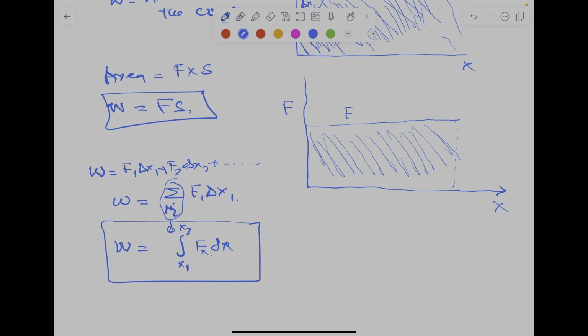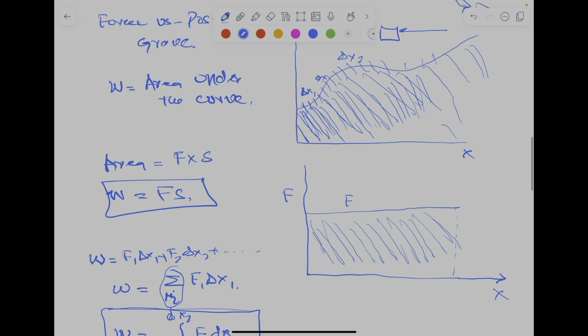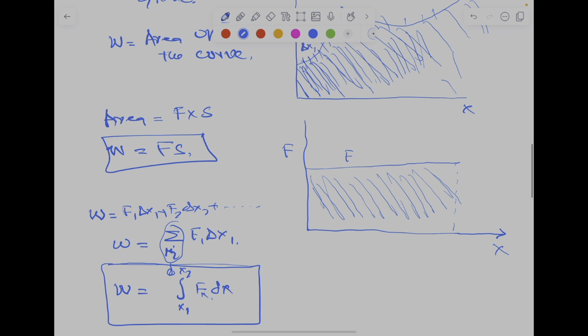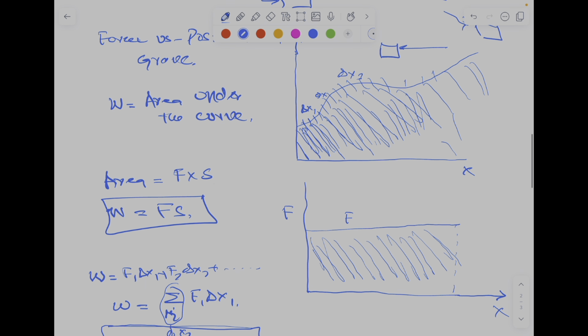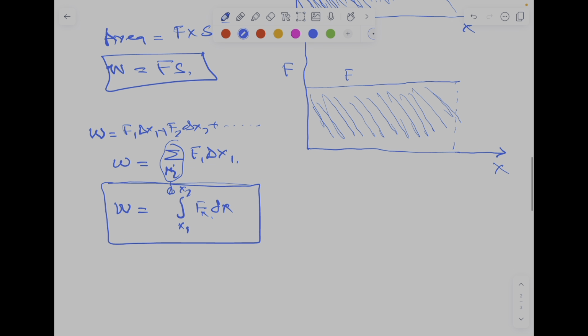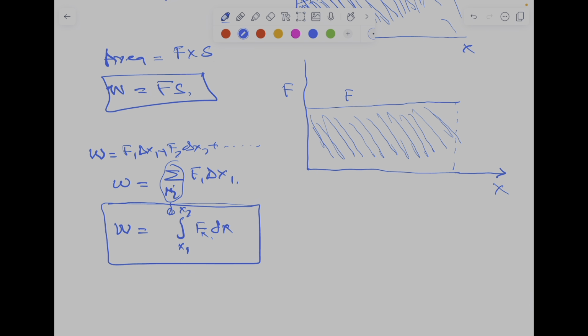So we can calculate the work done by using this if we have this kind of shape or any kind of curve. Calculating the area is dividing into very small parts, or calculating the integral.